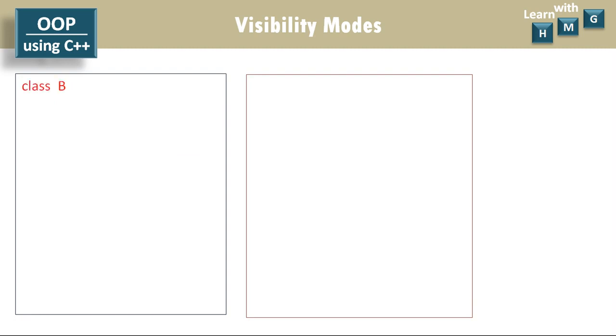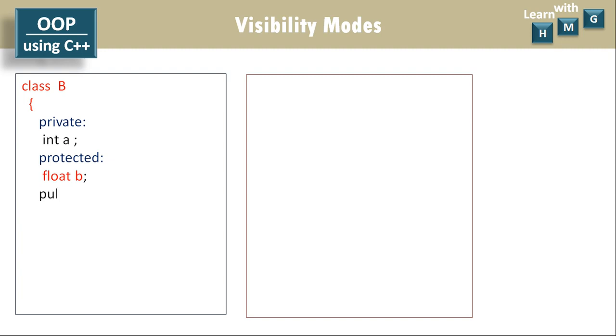Let us say B is a class in which, in the private section, A variable is a private data member and B variable is a protected data member. So A is a private member and B is a protected member.